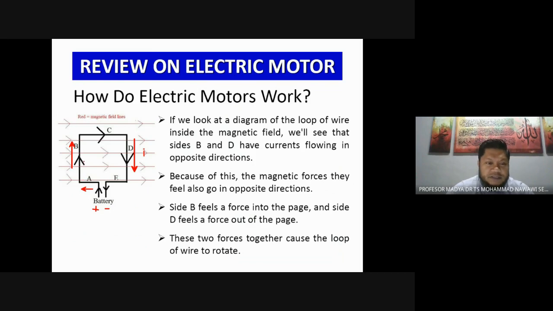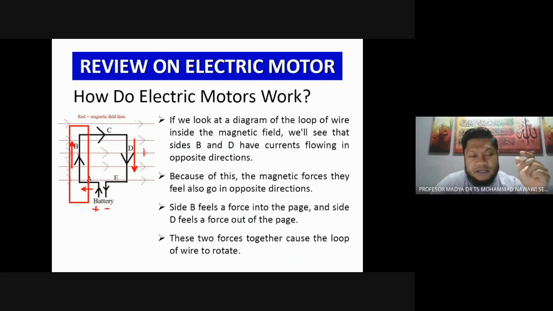So in this area, the coil will experience a force. In which direction? Is it into the slide or out of the slide? Can you tell me?